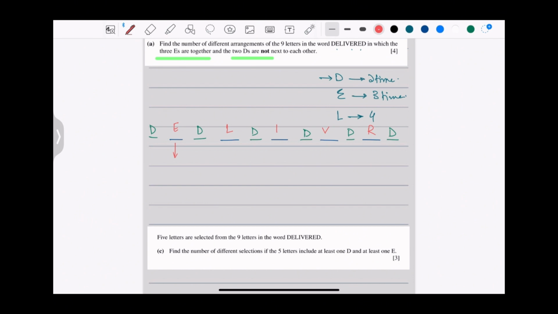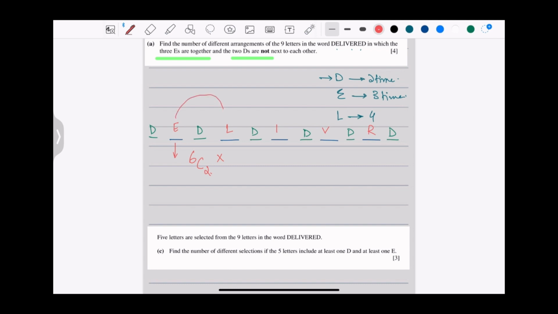As I could see, out of those 6 places, 6C2, I've chosen 2 different slots for the D's, times with E as a block.